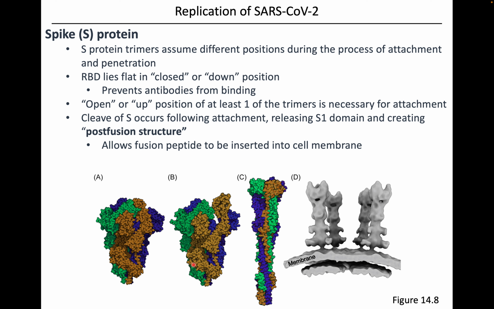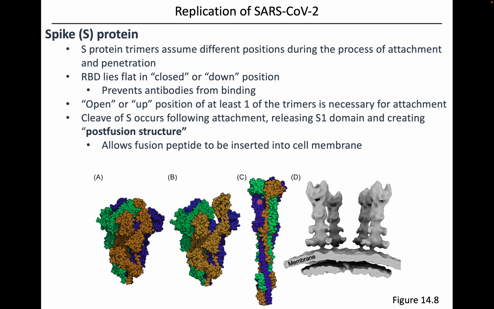Then you have what's shown in the middle here, which is the open or the up position, which you can see this little furrow has opened up on the protein here, and that's going to allow for attachment.